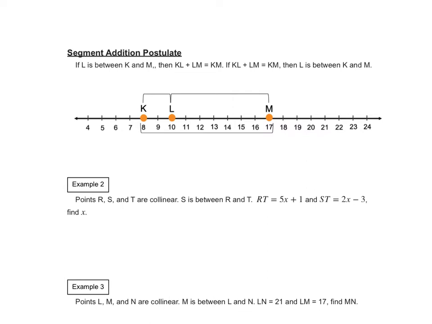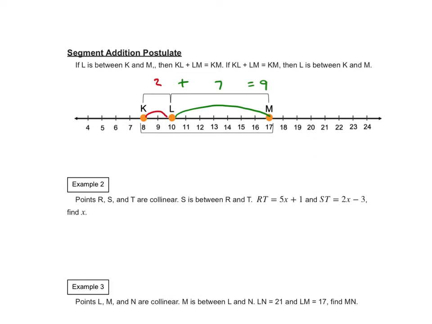So let's look. The distance from here to here is 2. The distance from here to here is 7. So KL plus LM is equal to 9. And if we turn around and say, well, what is KM?